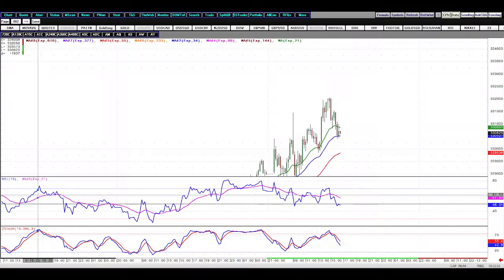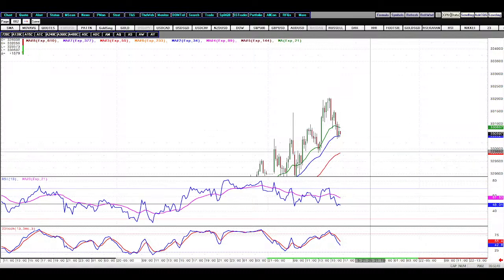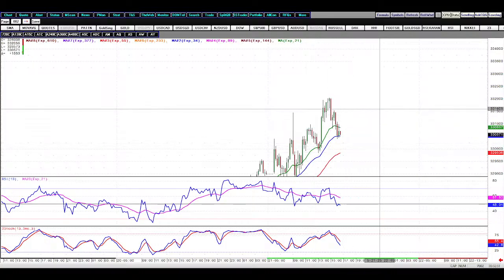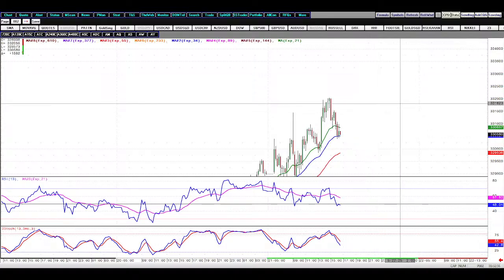Okay, this is an add-on entry I'm looking at. Then the TP is 3300, 3301 and the stop is 3317 half. Okay, so let me put in this rate.